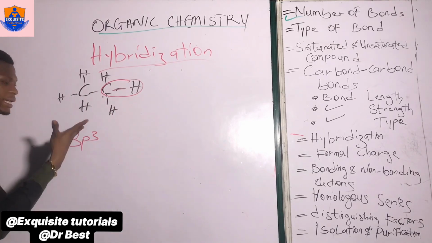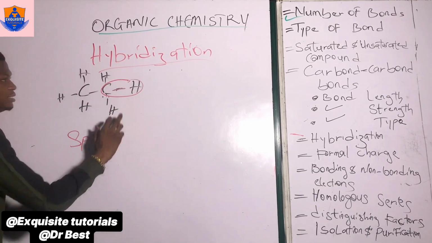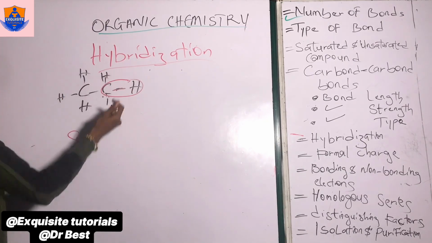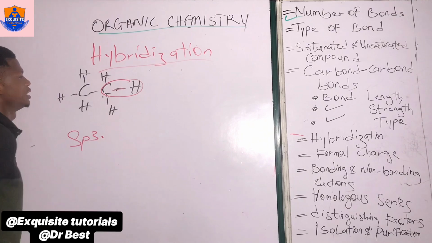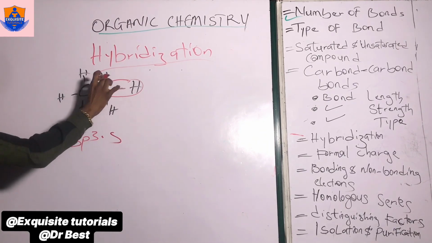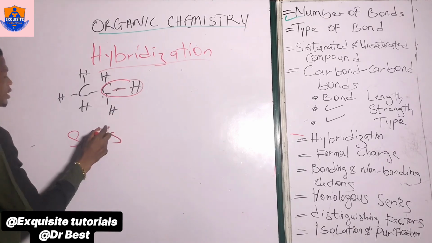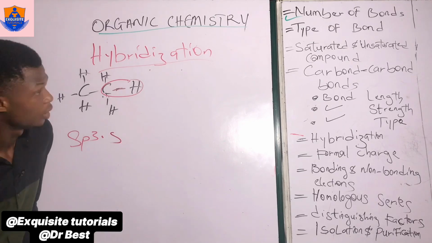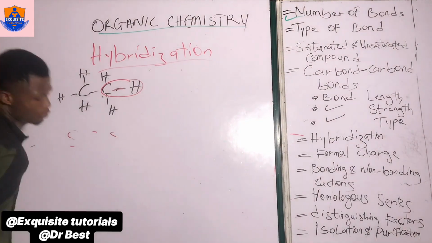This is carbon in an alkane that is sp3 hybridized. This is hydrogen. The number of atoms it can bond to is 1. You put a dot, which means this is s. So the hybridization of this bond in this compound is sp3-s. As simple as that.